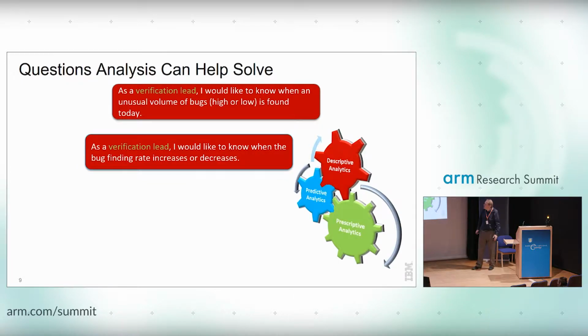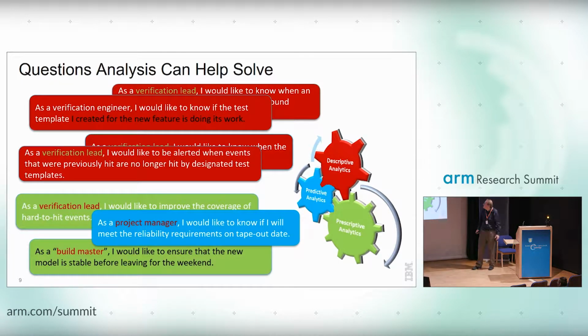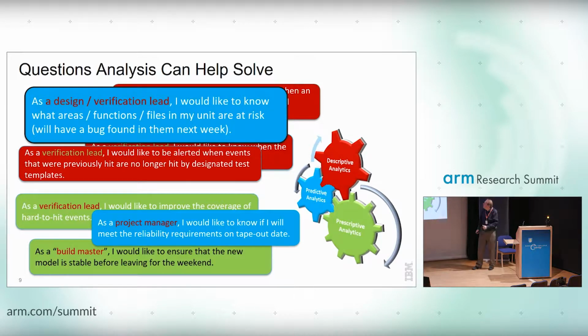So there are many questions that we can answer with the analysis. I'm going to focus, if I have time, on three of them. So first of all, as a designer or verification lead, I would like to know which areas or which function or which source file in my unit are at risk.